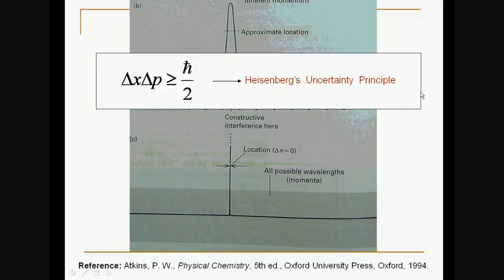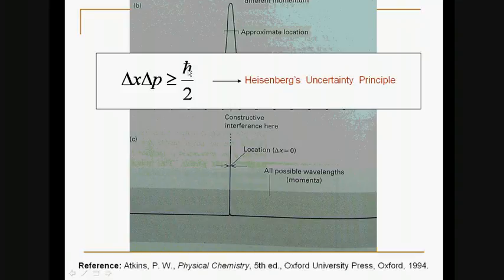Now this is what we call Heisenberg's uncertainty principle, and it can be derived in a more formal mathematical way, and here is what you get if you go through that math. It just means that if we multiply the uncertainty in the position of the particle with the uncertainty in its momentum, we will get something that's equal to or larger than h bar over 2.